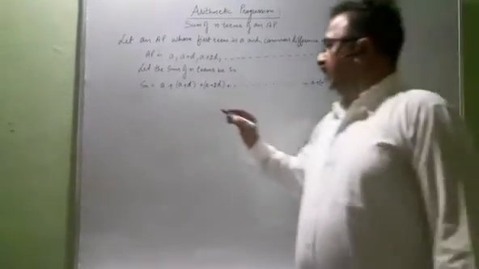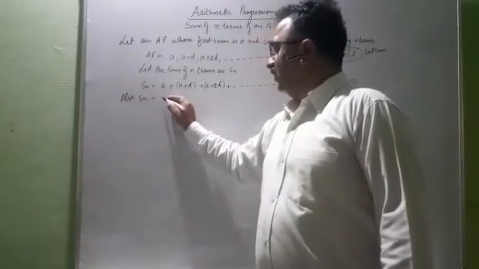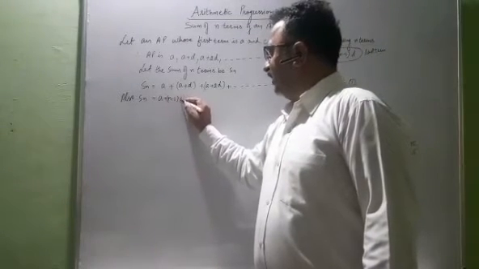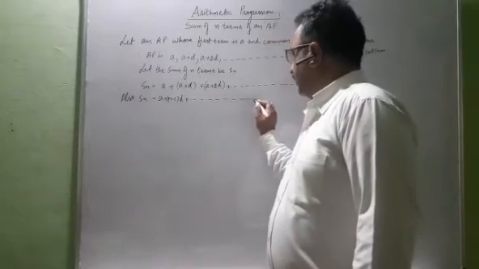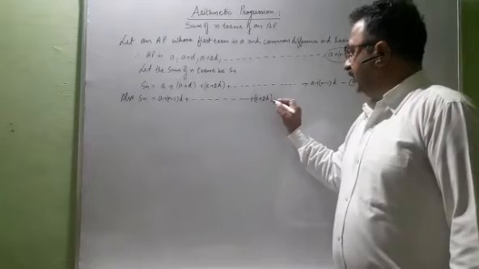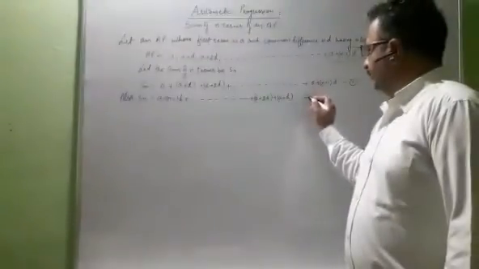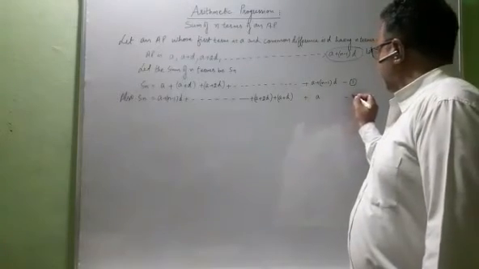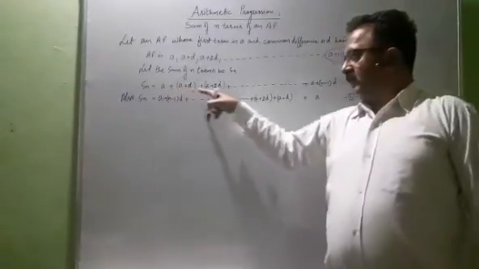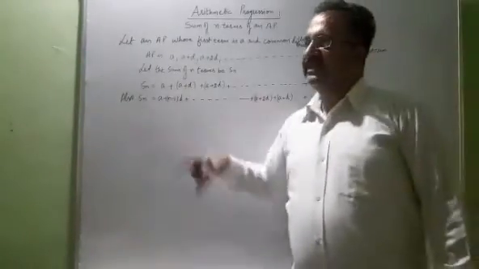So also, Sn is equal to A plus (n minus 1)D, plus so on, plus (A plus 2D) plus (A plus D) plus A. This is the second equation. If you reverse the order, again you get the sum as Sn.